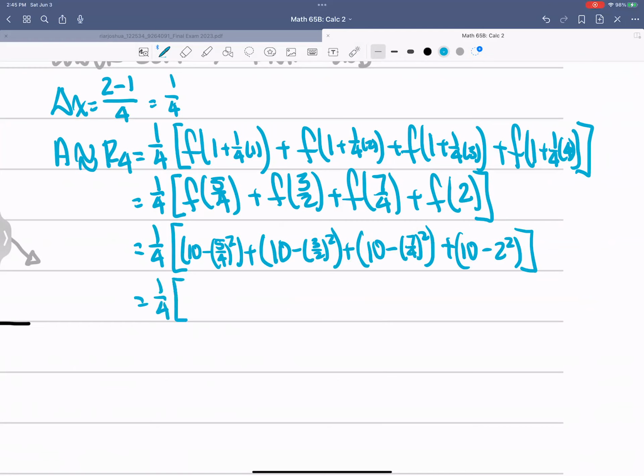Here, our algebra skills are kicking in. So this is where I might make a mistake. You guys let me know. 9 over 4, 9 minus 49 over 16. 10 minus 4.